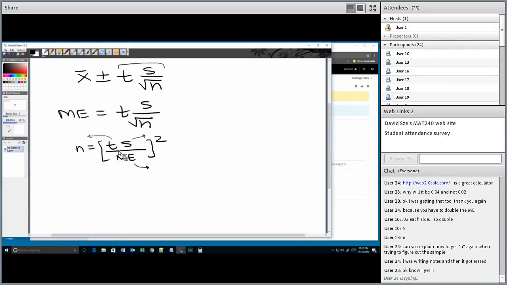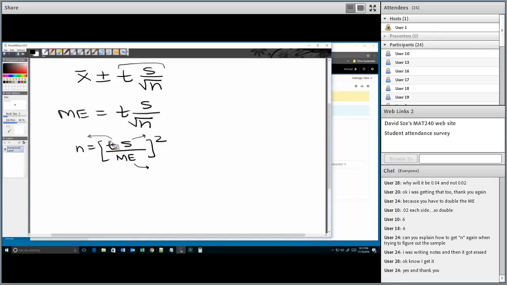Do you notice we have the t distribution here? I think you should have noticed that t involves calculating degrees of freedom, using n minus 1, right? df is n minus 1.